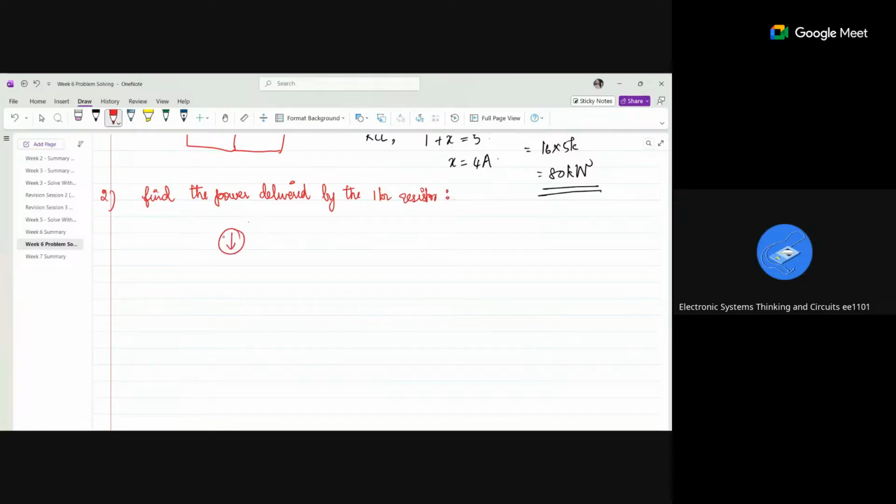My circuit is a 1 ampere current source connected in series with another 1 ampere current source, and this combination is again connected to a 1 kilo ohm resistor. What is the power across the 1 kilo ohm resistor now?